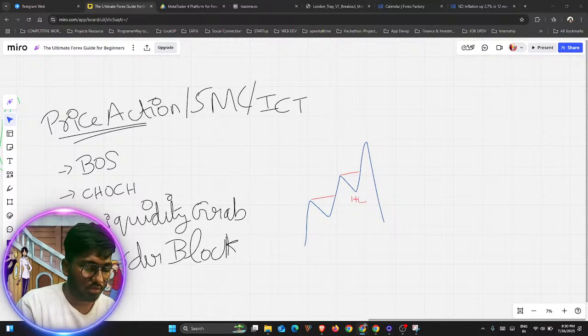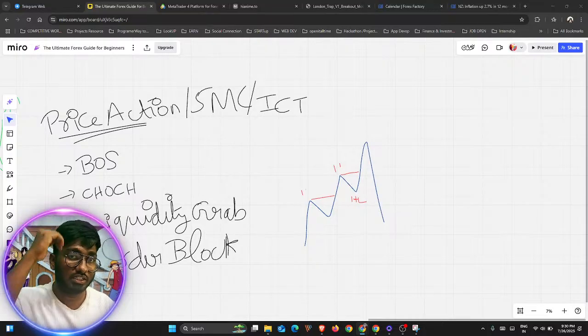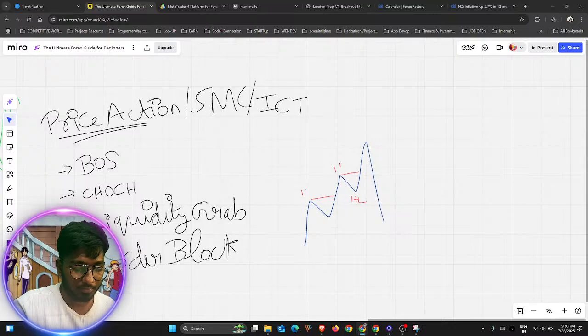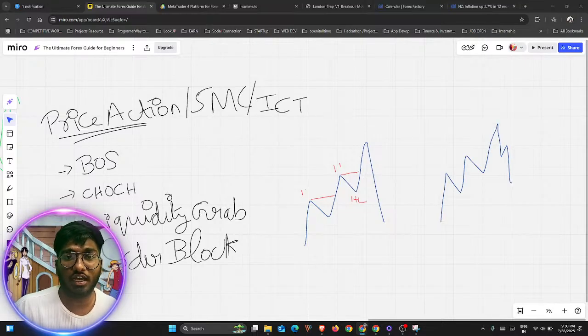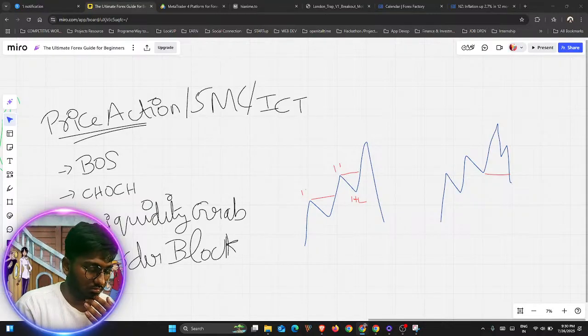These are higher highs, but the higher low is broken directly. That's not a change of character. Sometimes people say it's a market structure shift, and that's okay. But a change of character has to drop through the higher low. So you can mark it out as change of character.